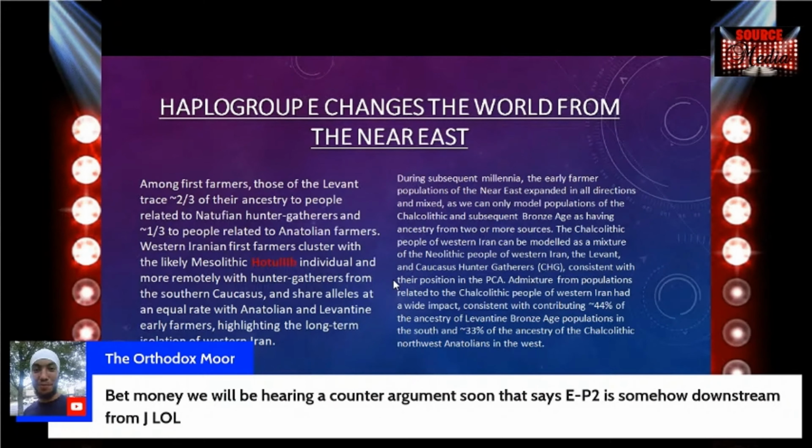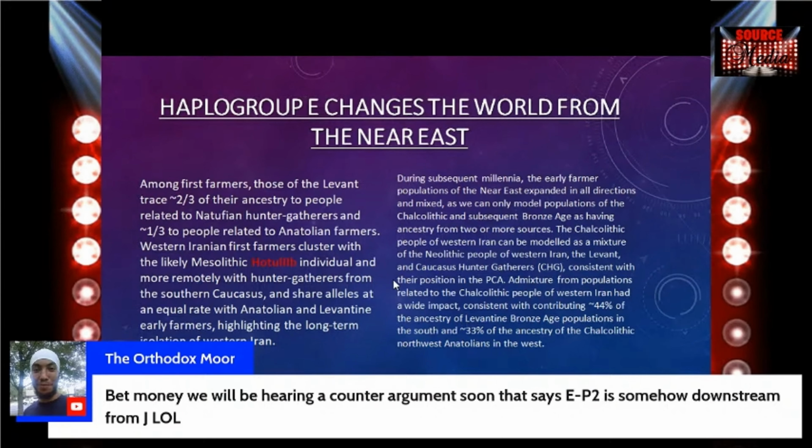J markers is European. Give it up. And shares alleles at an equal rate with Anatolian and Levantine early farmers, highlighting the long-term isolation of Western Iran. Why? These are the Medes. That's what our traditions say, and the DNA points that out.